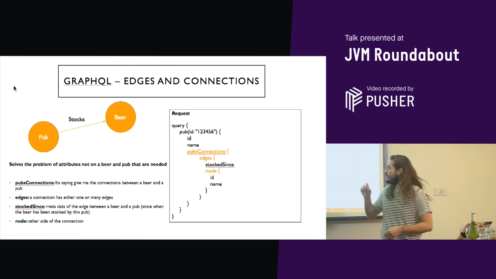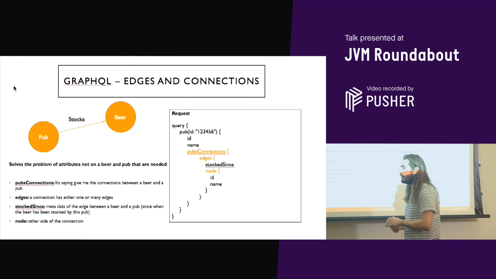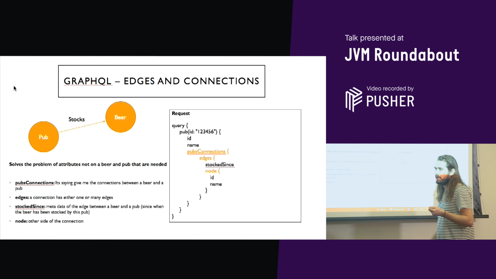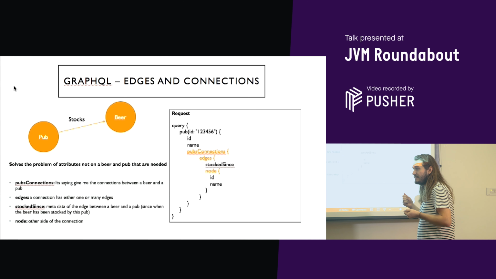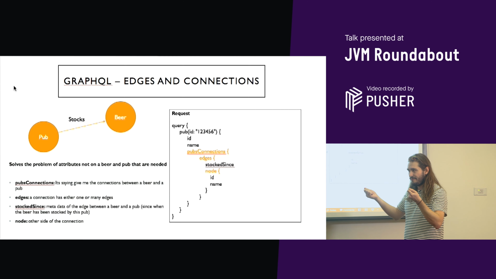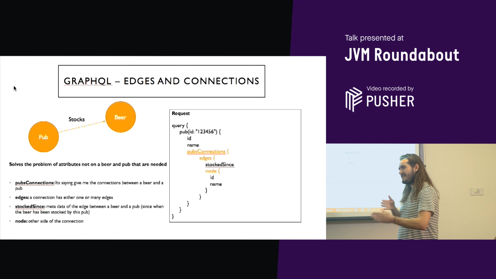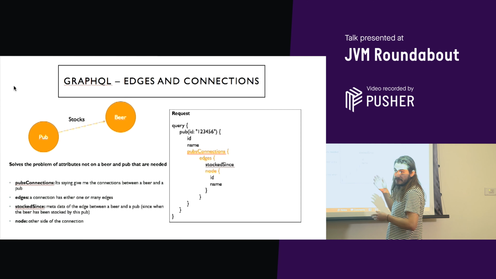Another benefit it solves is, say you've got a pub and you want to know how long it's stocked this specific beer. Where does that attribute sit? It doesn't sit on the beer, it doesn't sit on the pub, it sits on this thing in between. Connections solve that problem.